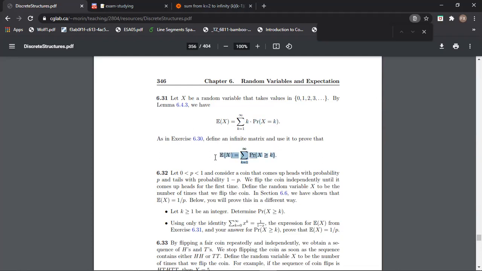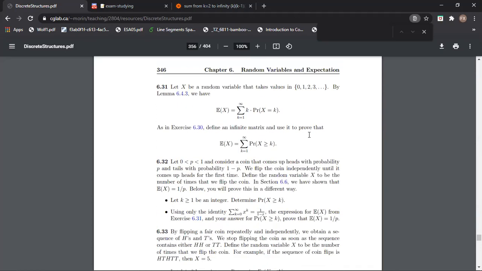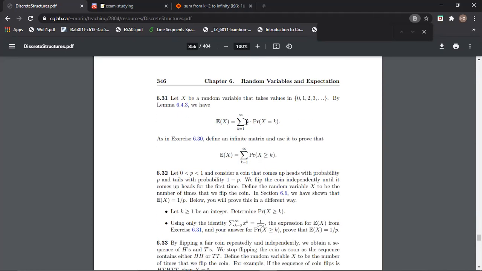So this proof here is not very hard to do, but the principle is very nice. Why? Because it gets rid of one of these factors. So sometimes it's a good trick to keep in mind when you have a random variable that takes integer values from 1 to infinity. This trick is very useful for the geometric distribution.